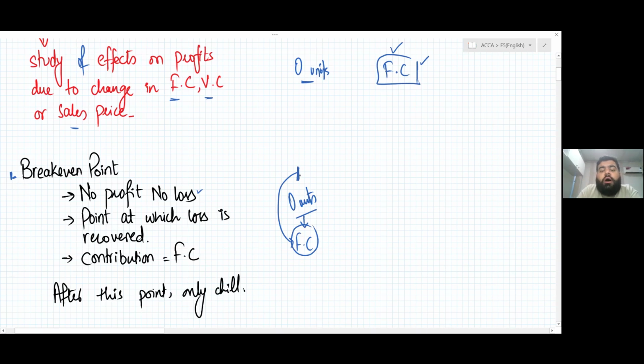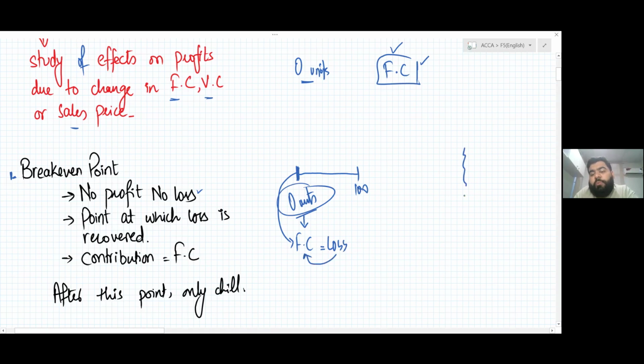When you sell units, for example 100 units, this fixed cost is being covered, and with the passage of time it will be covered completely and then you will convert to profit. But at this point, when your sales units are zero, the business has a loss equal to the fixed cost of the business.